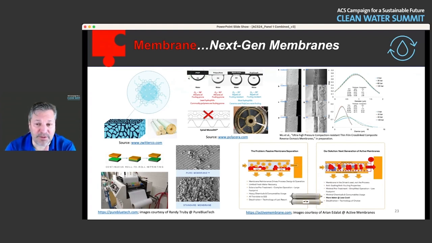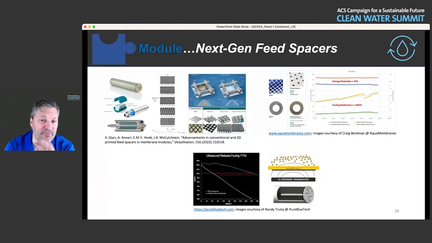Membranes which are much more robust physically and resist compaction. Membranes which have surface patterns which allow them to create vertical flows and resist foulant adhesion. And more recently, even membranes that are electrically conductive and can actively resist fouling and scaling. In the case of scaling, for example, forcing minerals to precipitate in the bulk as opposed to on the surface of the membrane itself. Next slide.